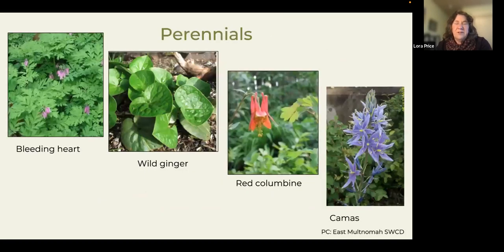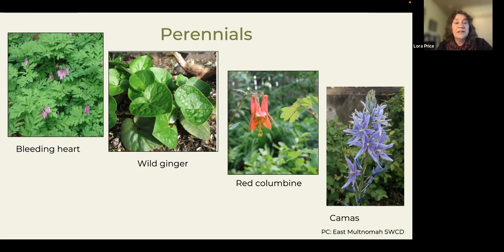And here are several, this would be in the low level. Speaking of layers, we have several perennials. Perennials are herbaceous and they do disappear in the winter. There are a few evergreen perennials that I really like. This wild ginger, if it isn't freezing, will tend to last through the winter, semi-evergreen.